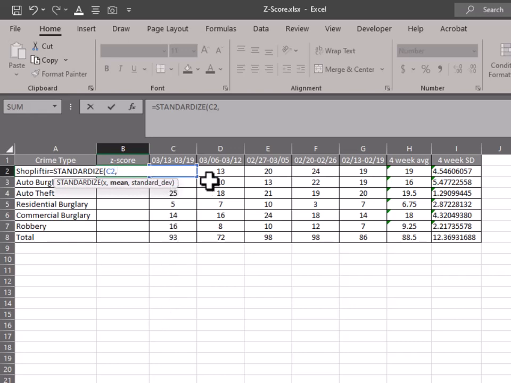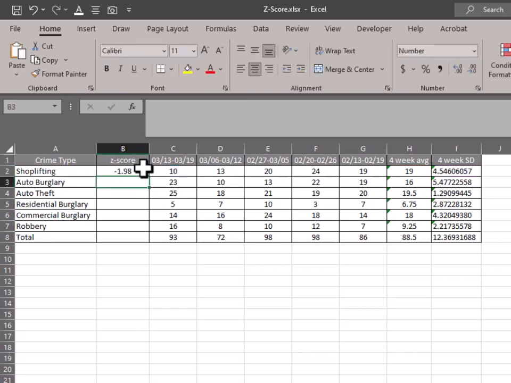That's the value we're going to compare to the mean, which over here is that 4-week average. And then the standard deviation is going to be that last one we calculated. So we have all three parts of this. Click enter, and you see this one in particular is just under 2 standard deviations below.